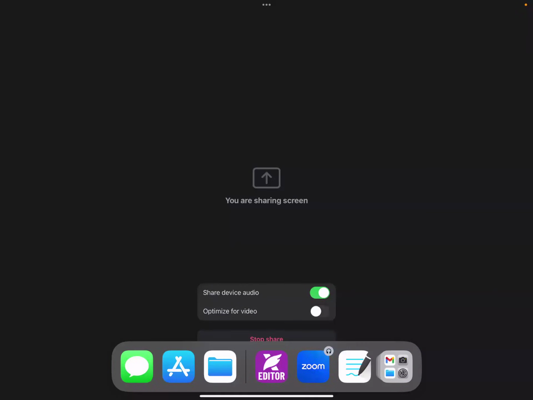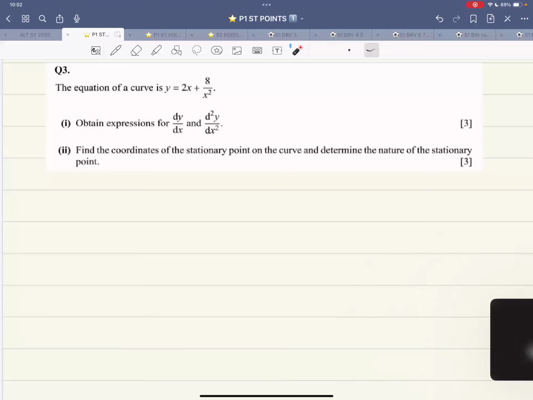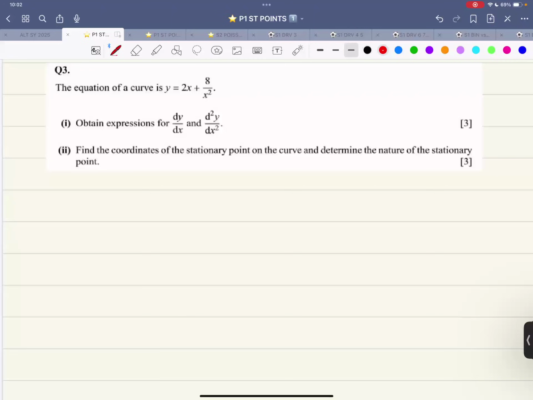So now let's look at the solution of this particular question. The very first thing that you need to do is write it properly. y equals 2x plus 8x to the power negative 2. That is the first thing.